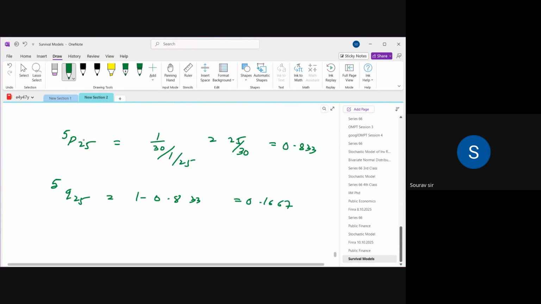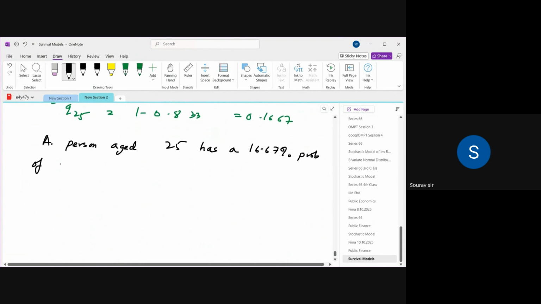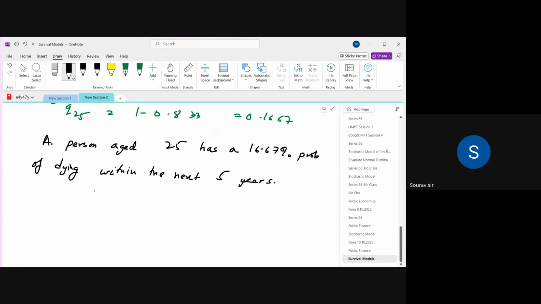So here a person aged 25 has a 16.67% probability of dying within the next 5 years, that is before reaching 30.